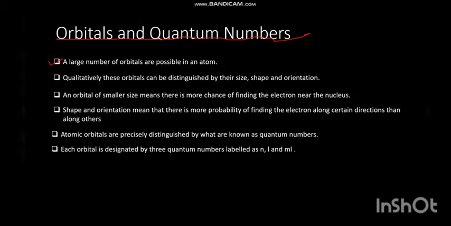So the first point about orbitals is that an atom can have a large number of orbitals. Secondly, these orbitals can be distinguished by their size, shape, and orientation.